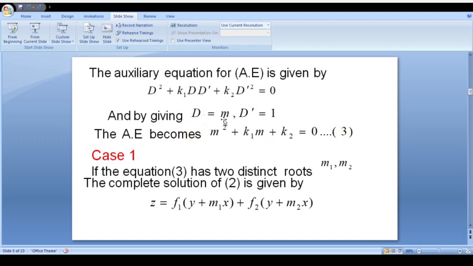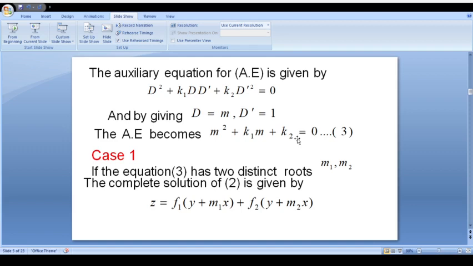Then this equation becomes m square plus k1 m plus k2 equal to 0. This is equation 3. Now solve this equation. It is a quadratic equation, and you will get two roots, m1 and m2.